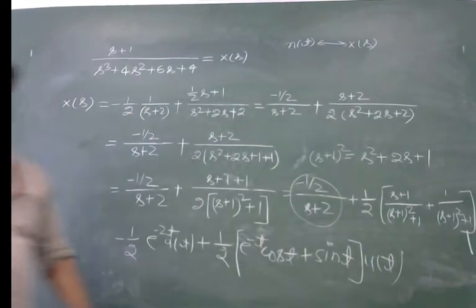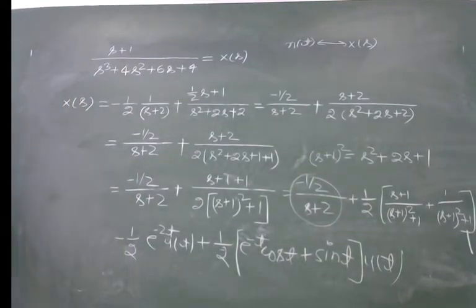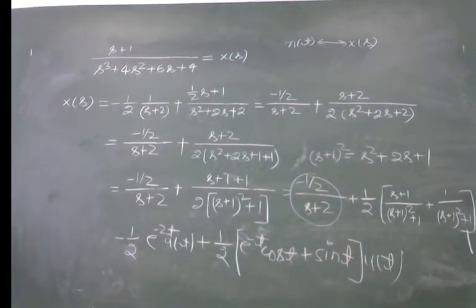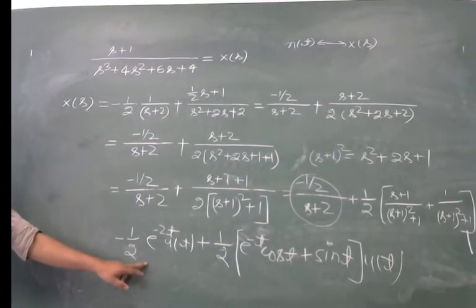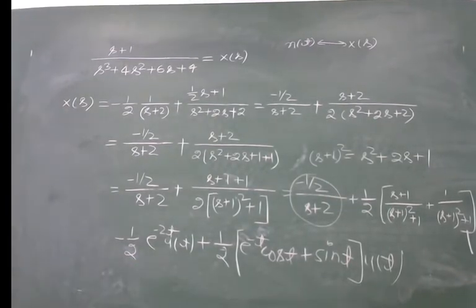This is what we will get by taking the inverse Laplace transform of the function. So this will become 1 by 2 e power minus 2t, plus 1 by 2 e power minus t cos t, plus 1 by 2 e power minus t sin t, u(t).